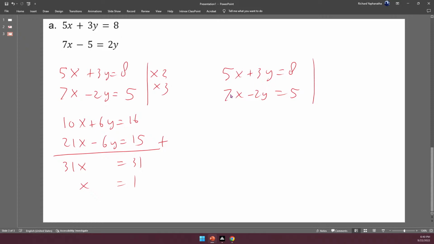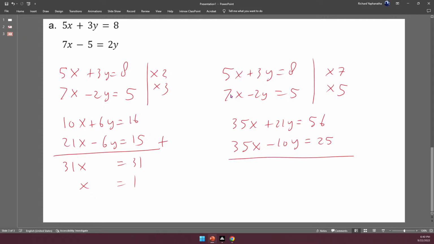The bottom one, multiply all by 5. So we will have 35x plus 21y equal to 56. On the other hand here, 35x minus 10y equal to 25.